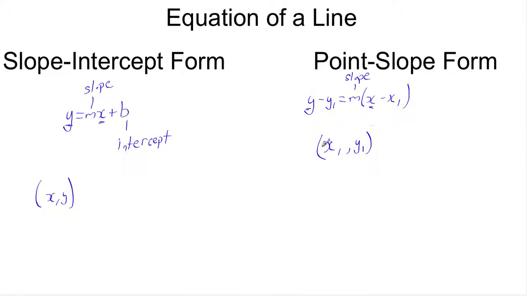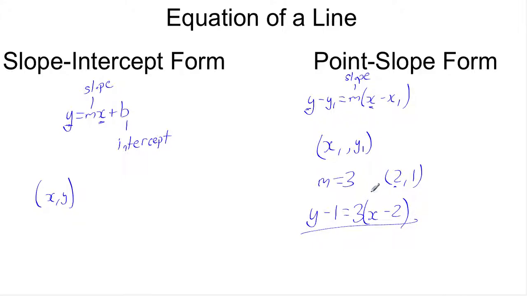So let's say, for example, I give you an equation, and the slope is 3, and the point is (2, 1). Y minus y1, this is the y value of the point, so it's 1. The slope is 3, and the x value, so I have x minus the x value of the point, which is 2.